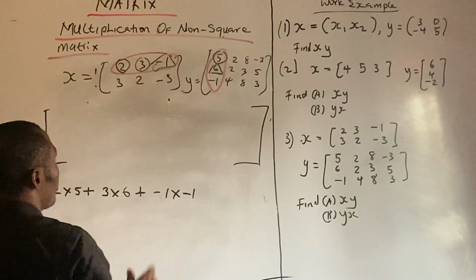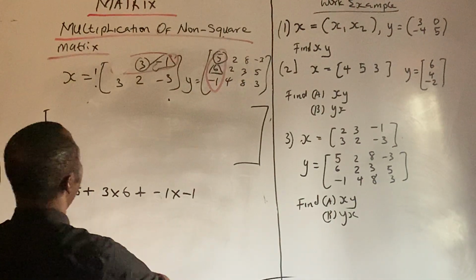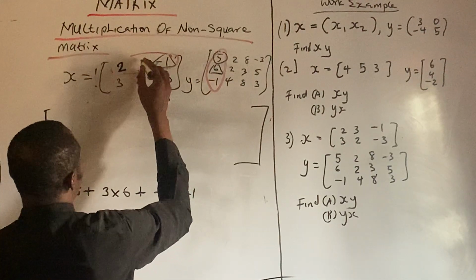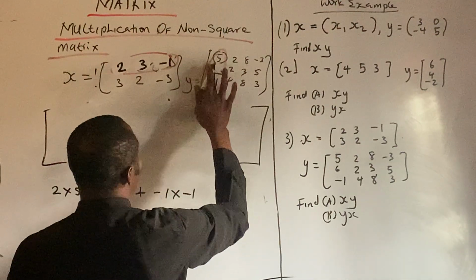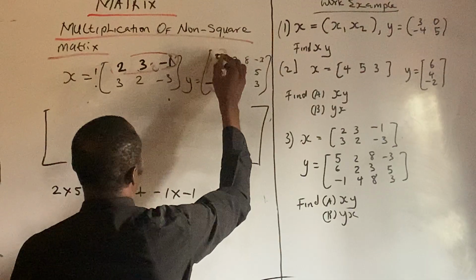Let me clean up that space. This is 2. Let me write it down again so that we don't get confused. This is 2, this is 3, this is minus 1. I just needed to get the operation. This is 6 minus 1, and that is 5.